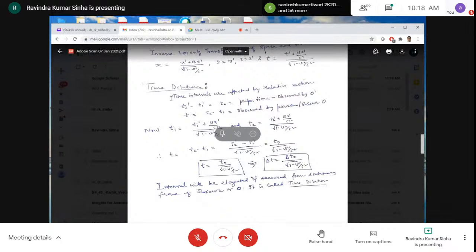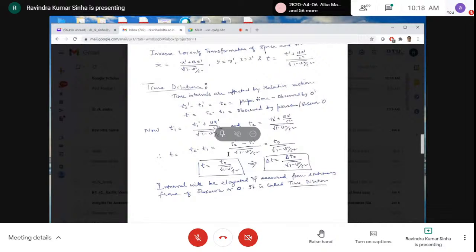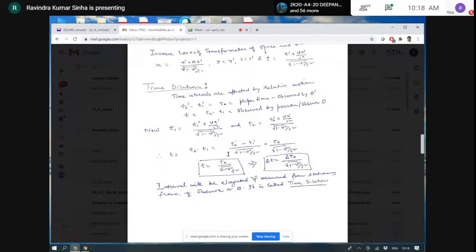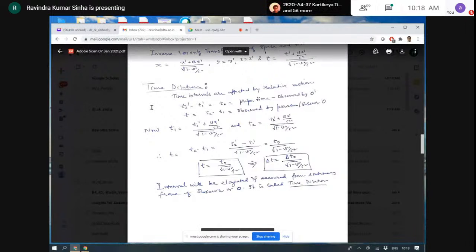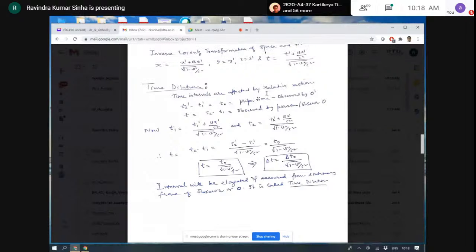Now coming back to the time dilation, I have already derived the formula, but I will be deriving it at this point also using the Lorentz transformation. The previous derivation was without using the Lorentz transformation, similar to the one given in the book. Okay, so time intervals are affected by relative motion. That is the main point.